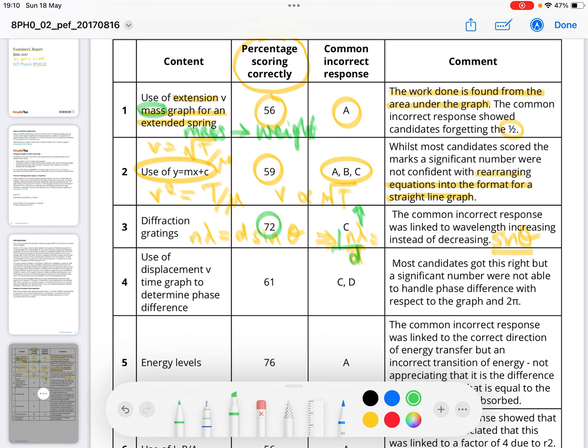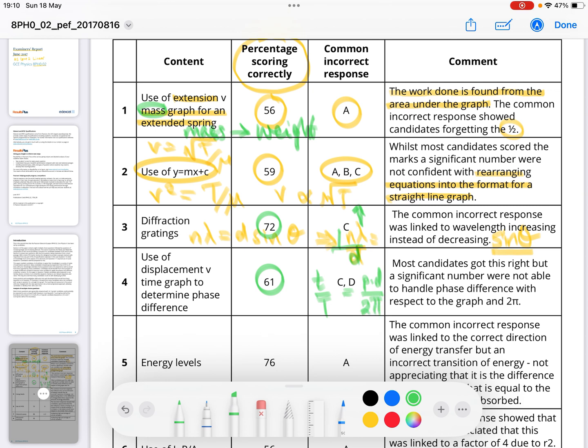In question 4, it's to do with phase difference, and 61% got it right. The phase difference between the two graphs, you just got to know how to do it. They've given you a time, t, and so t over period will be equal to the phase difference divided by 2 pi, because these ratios must be the same.